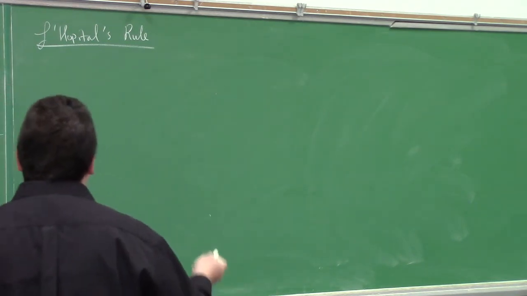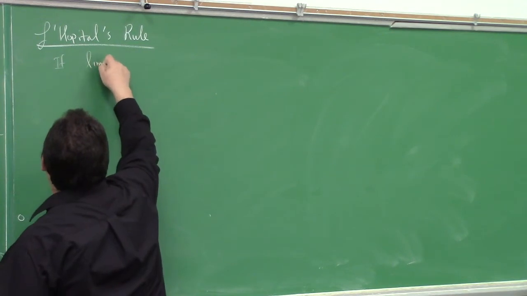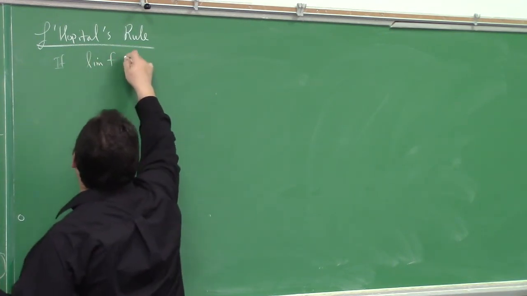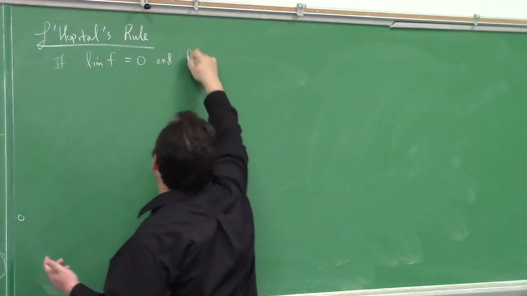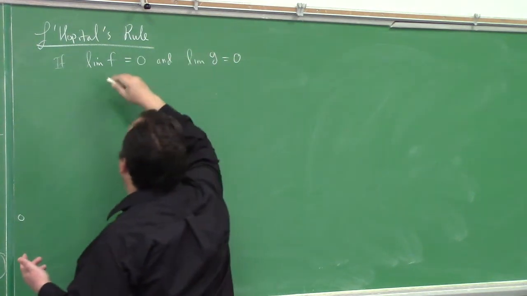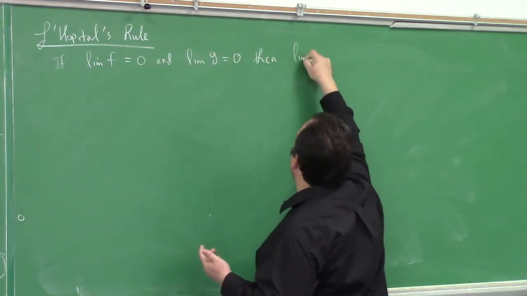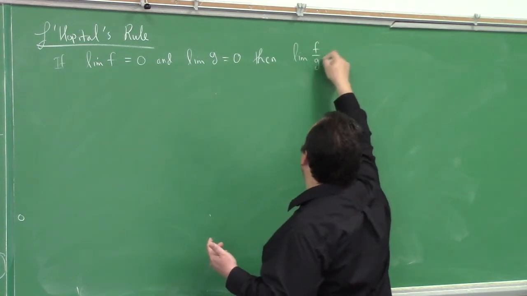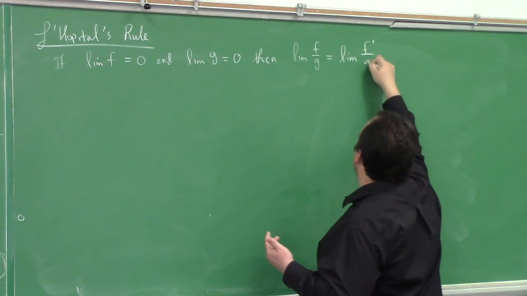But here it is. If the limit of f equals 0 and the limit of g equals 0, then the limit of f over g is equal to the limit of f prime over g prime.